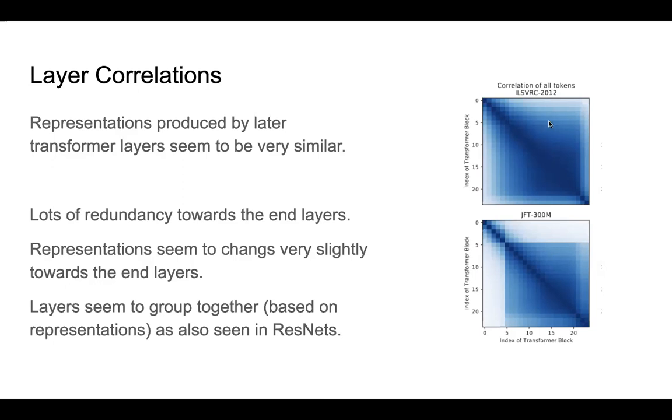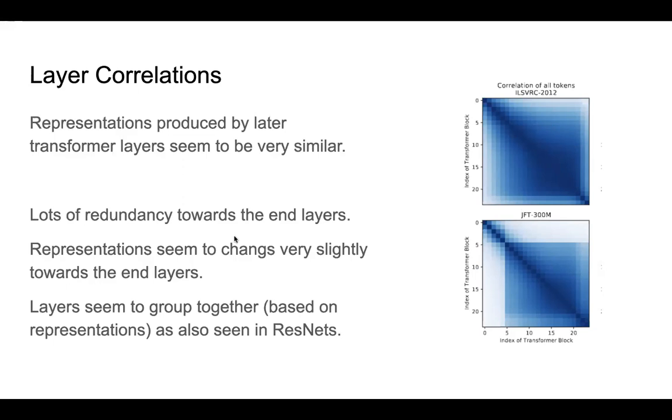As we can see, there's a lot of correlation in the output of those layers towards the end, as you can see in this image too. Lots of correlation means lots of redundancy. There's a lot of similarity in the outputs of the layers towards the end.